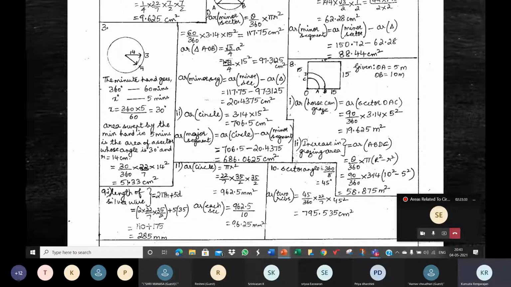So the area between 2 consecutive ribs is the area of one sector itself, which is 45 by 360, because 360 by 8 is 45 degrees. Each sector angle is 45 degrees. So 45 by 360, theta by 360 into pi r square, 45 square. It's given, the radius is 45 centimeters. So this gives us the area between 2 consecutive ribs.